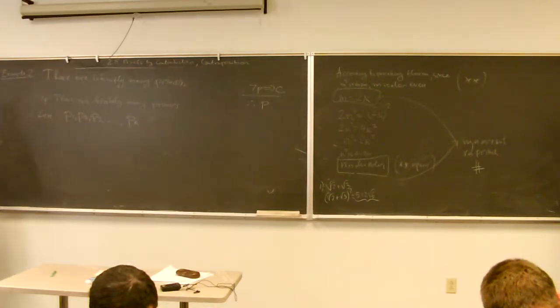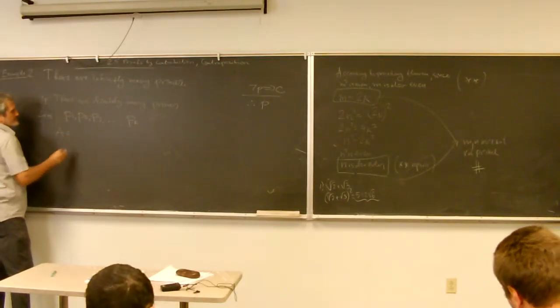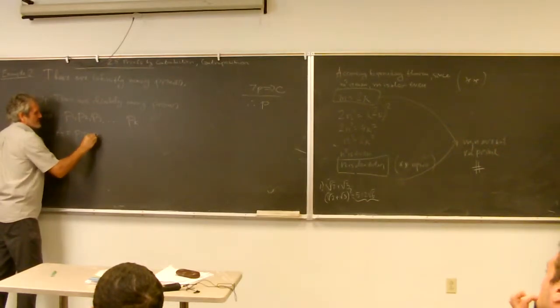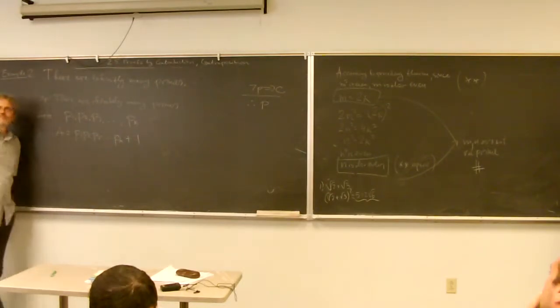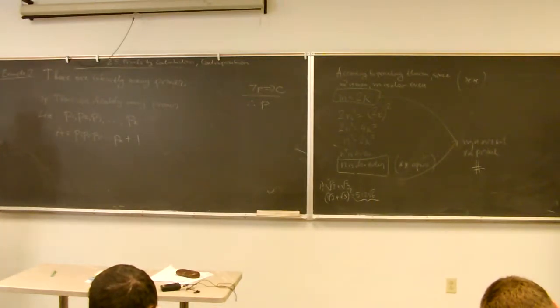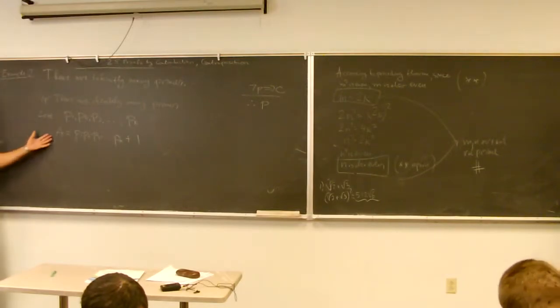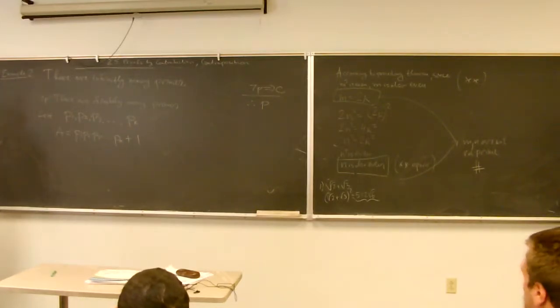So what can we do then? I will make the following number. I'll make a number A, and that number will look like this. I will multiply them all, P1 times P2 times P3 times ... times PK, and I will add 1. Okay? Huge number, hard to imagine. Doesn't matter. In theoretical mathematics, we don't care about it. We make objects that we like. All right. So what can I tell you about A? Did we have a theorem saying that every integer bigger than 1, and this was obviously bigger than 1, has a prime factor?